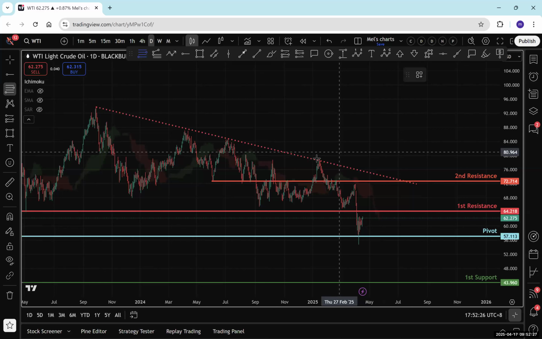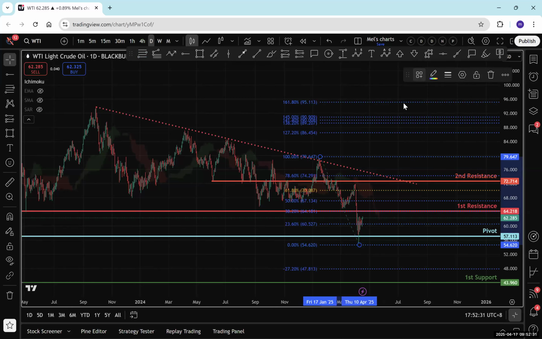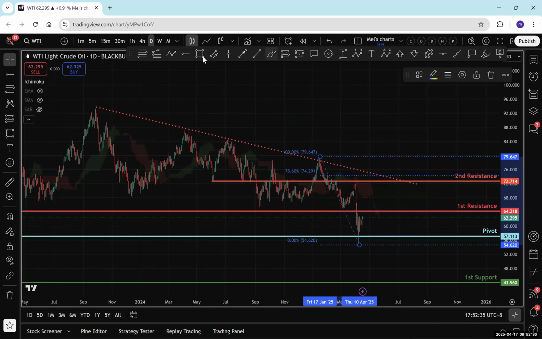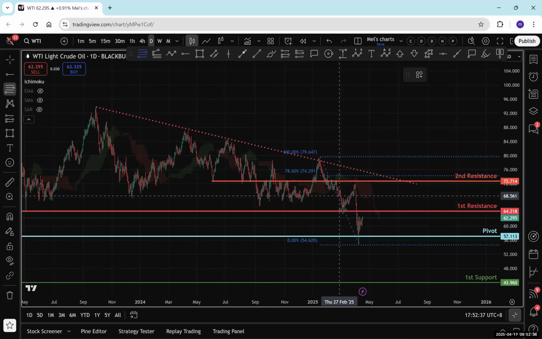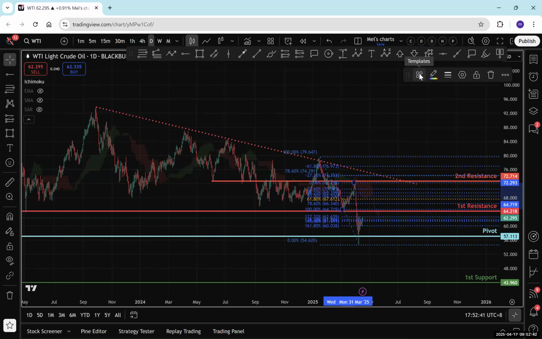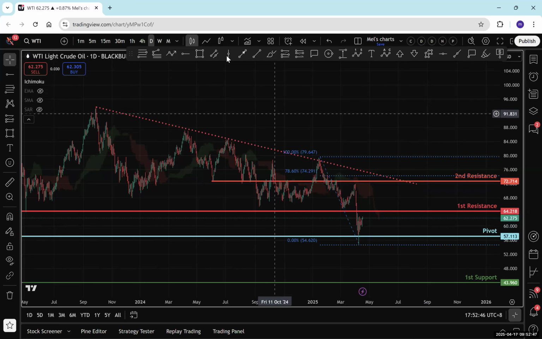Okay, let's look at our Fibonacci levels. Okay, 78 lines up. Okay, this is not telling us anything.